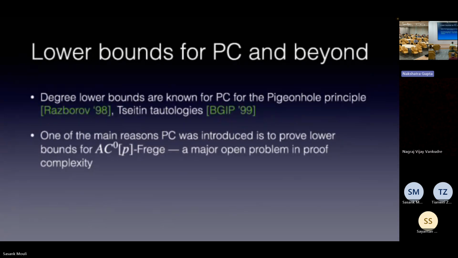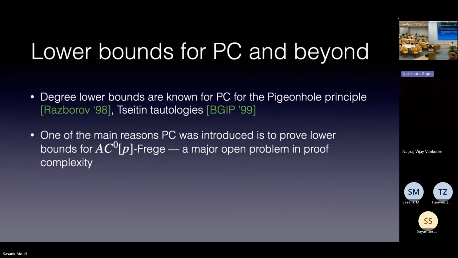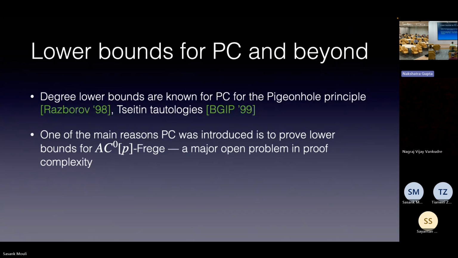And so this has been a long-standing open problem in proof complexity, and it's interesting because we have AC0P circuit lower bounds. If you just forget about proofs and you just ask me, is there a Boolean function that requires large AC0P circuit complexity, then there are lower bounds due to Razborov and Smolensky.